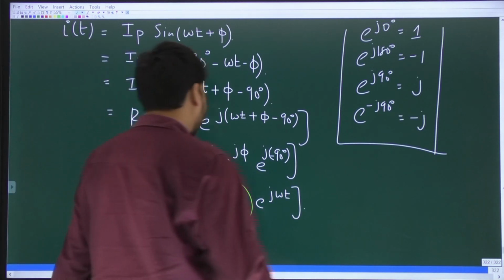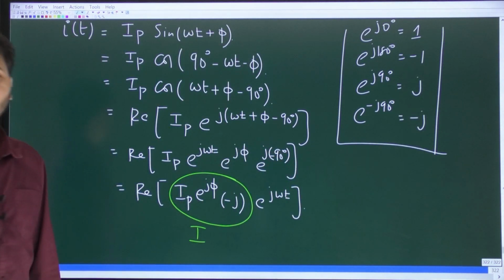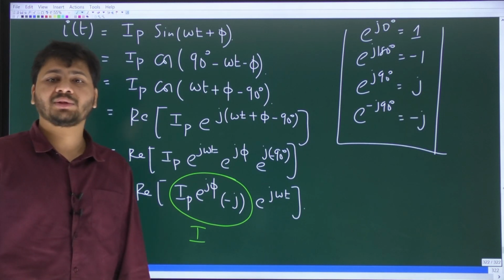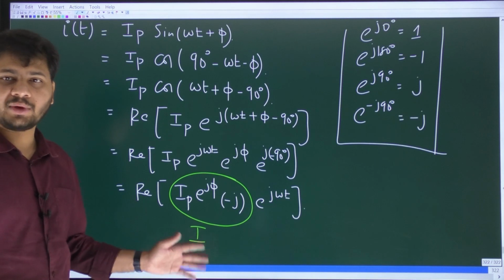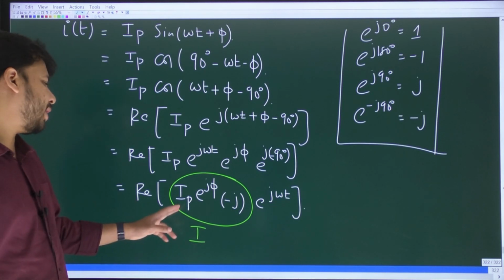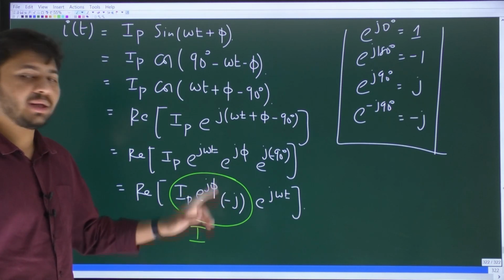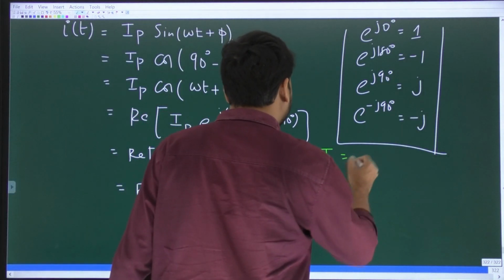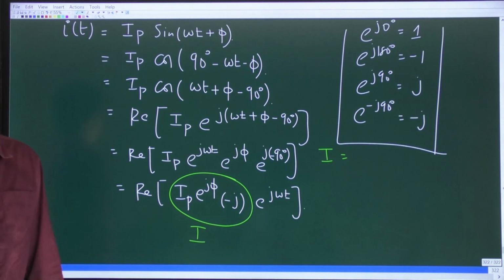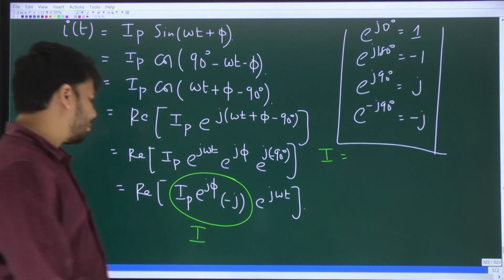Yes. So what is the actual sinusoidal current? Ip sin omega t plus phi. And what did we get for the phasor current in the end? Ip e power j phi and then minus j. I'll just write it separately here. So capital I, the same current in phasor form, will be equal to what?